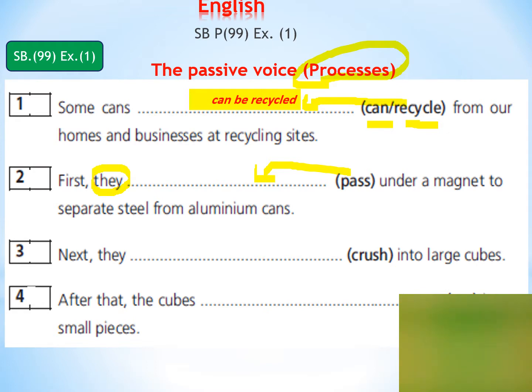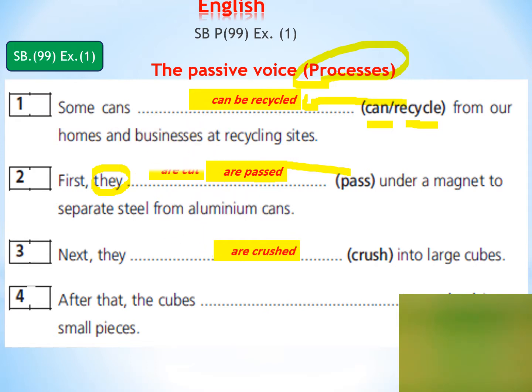So I need to write here they are passed under a magnet to separate steel from aluminum cans. Next, the same thing here. They, be should be in the present. Crush. The past participle is ed, so they are crushed.